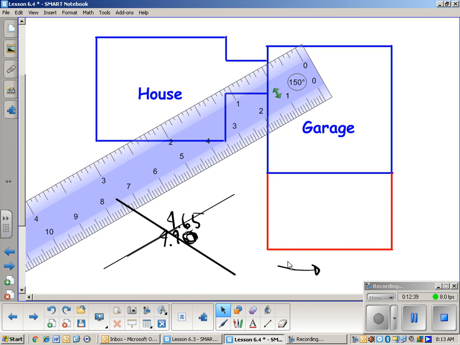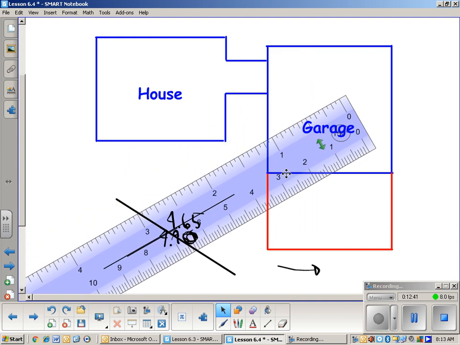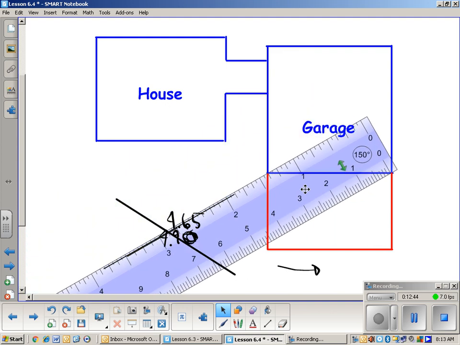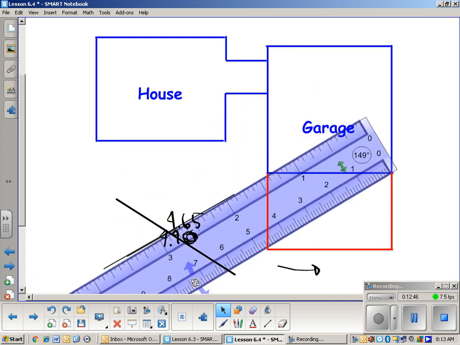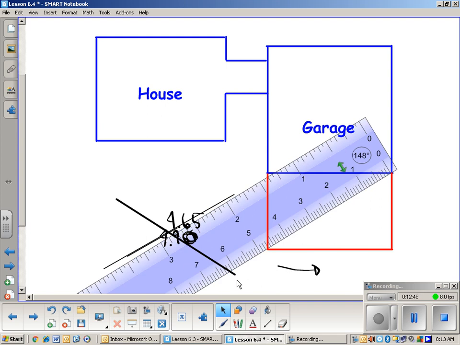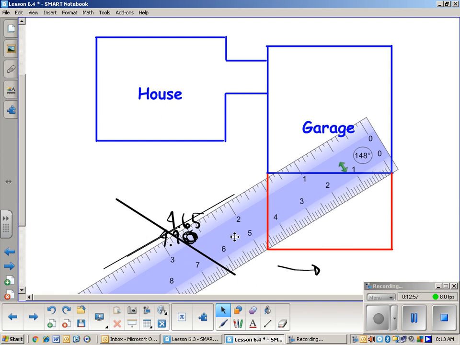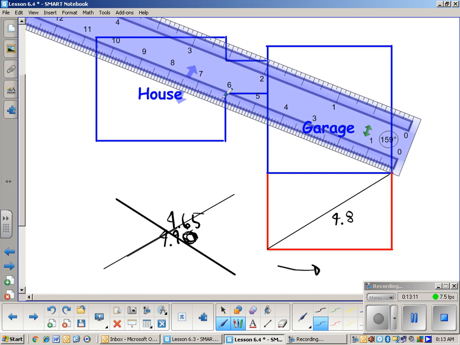And so now if I measure this again, so now this line, I get 4.8. Okay? Let's see how we did on the other side now.